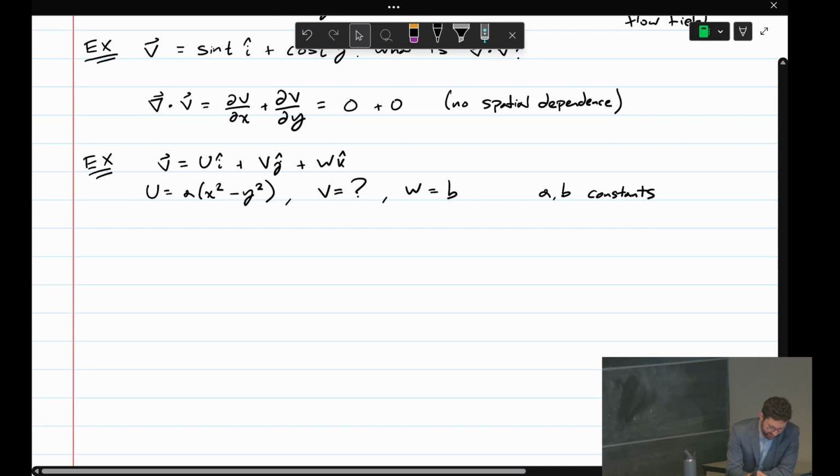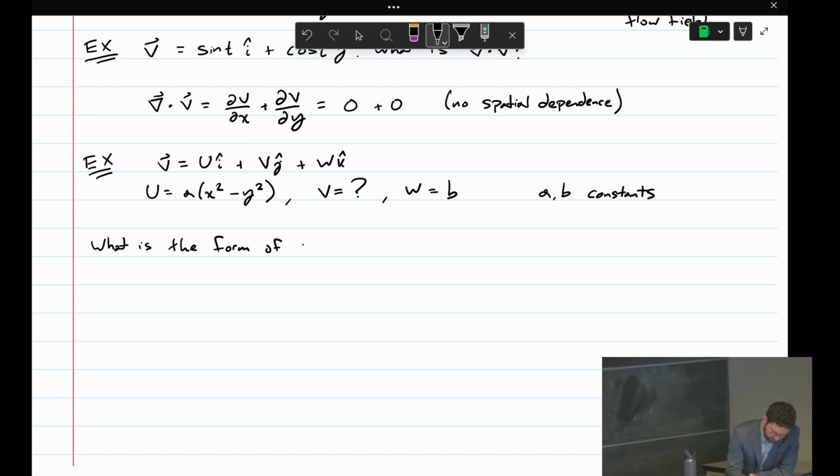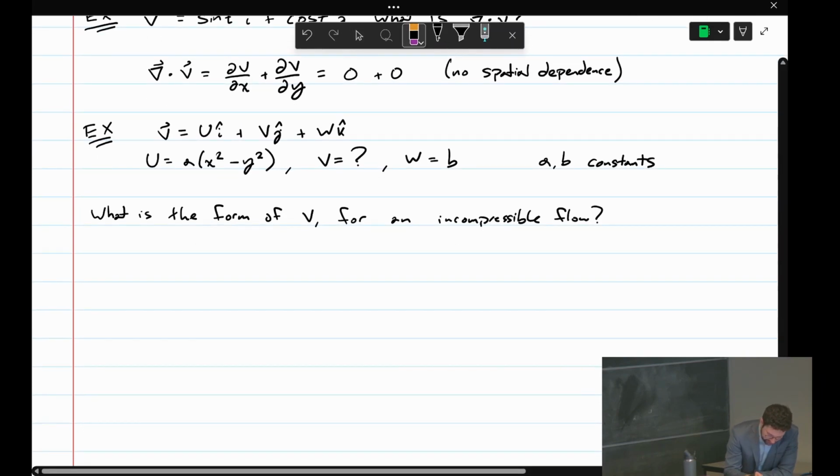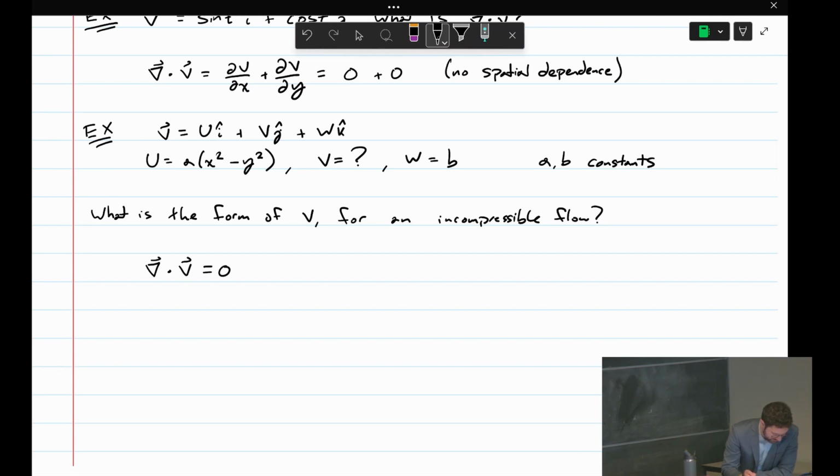We're still going to apply the same approach. So basically, the question is, what is the form of v for an incompressible flow? So since it's incompressible, we know the divergence of the velocity field is still 0.